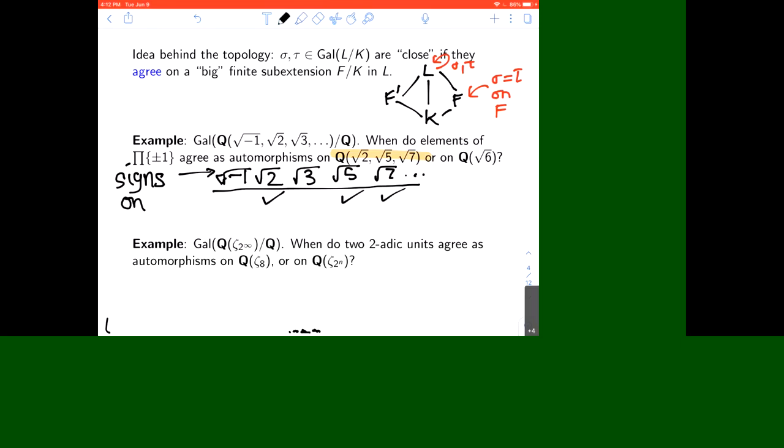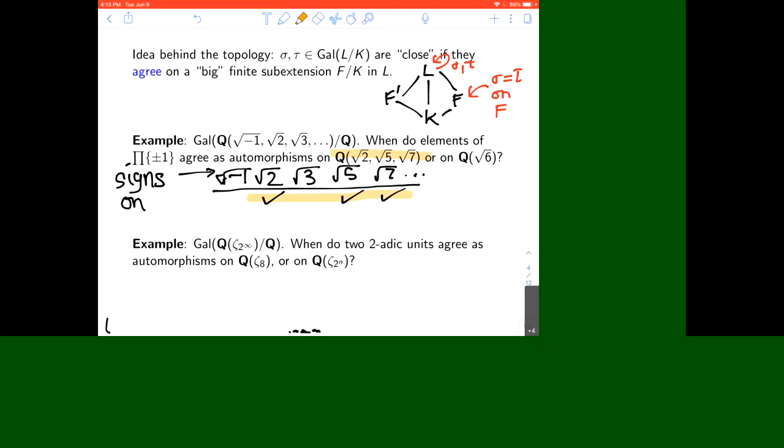And I don't have to say anything anywhere else. It could be arbitrary. But if I put in some conditions, like it should change the sign on root 2, not change it on root 5, and change it on root 7, you give me some constraints there. Nowhere else, I don't care what happens. And the automorphisms that have that property on those three square roots, that'll cut out the idea of being kind of close as far as this finite extension is concerned.